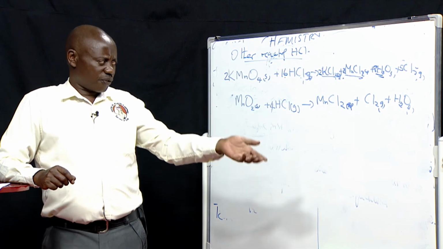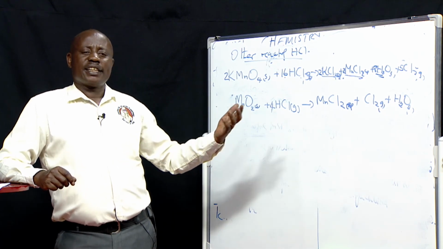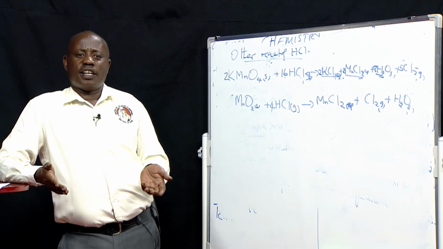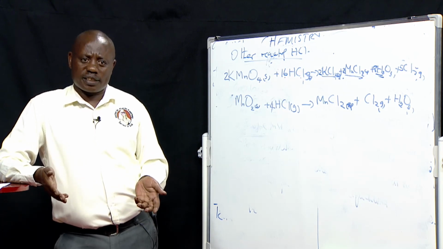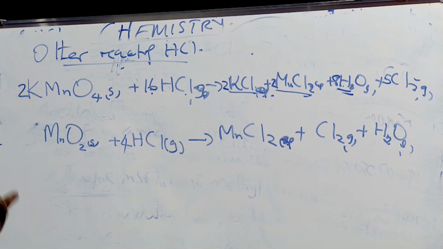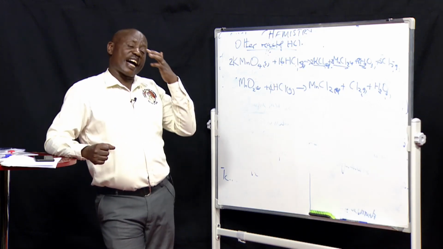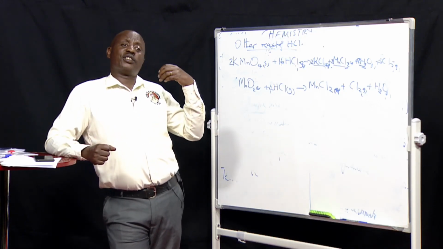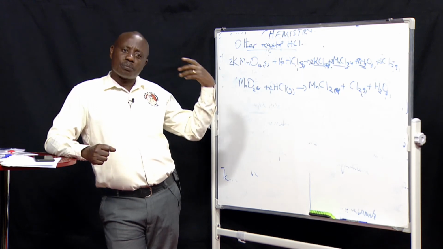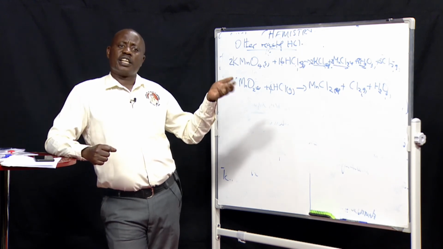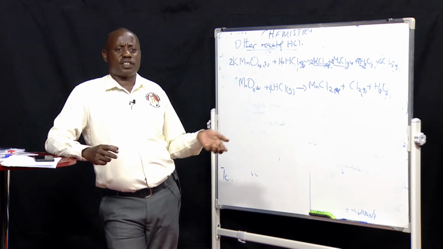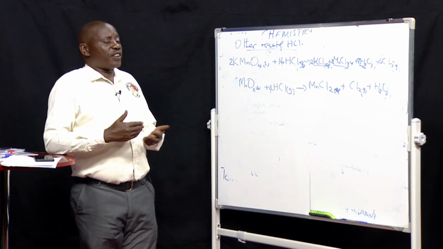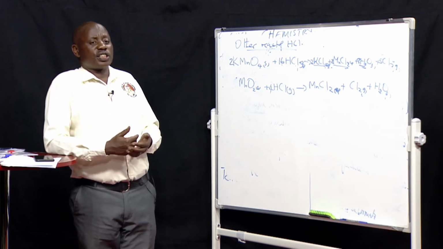Then we looked at when you dissolve it in water, it forms hydrochloric acid. And we looked at the effect of hydrochloric acid on carbonates, metals above hydrogen in the activity series, then oxides, and so on. And we looked at the effect of solvent on hydrogen chloride.